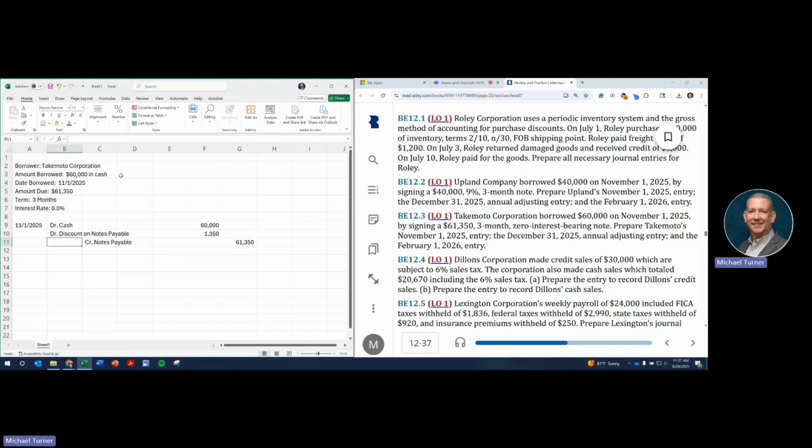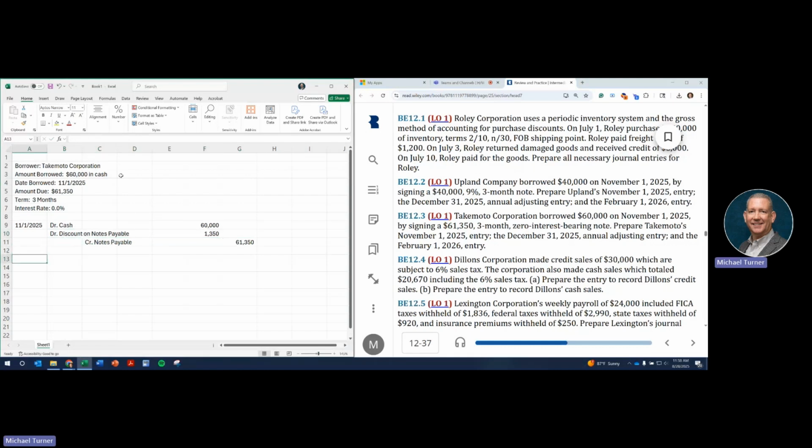That is the implied cost of borrowing this money. You got $60,000, but you have to repay $61,350. The difference is the cost of borrowing that money. And as we know, the cost of money is recorded as interest expense. So throughout the term, we're going to take this $1,350 and amortize it through interest expense.